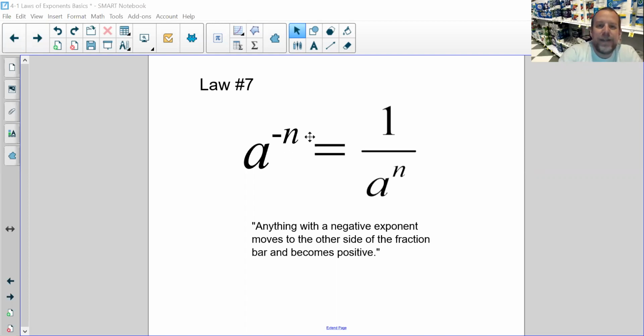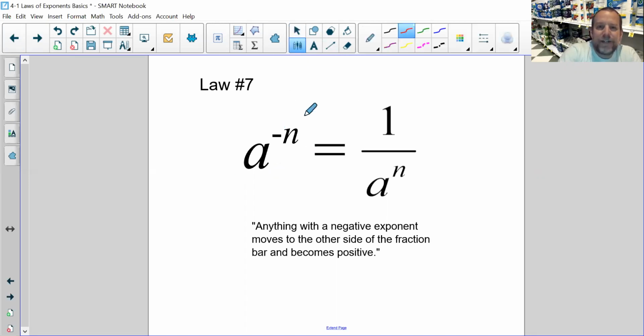So if you had a to the negative n, it would become 1 over a to the n. The key thing that's hard for people to see sometimes is, what do you mean other side of the fraction bar when I don't see a fraction here? Well, you need to think about it the same way you would think about a whole number. That's over 1, right? And it's not that this 1 went to the top.